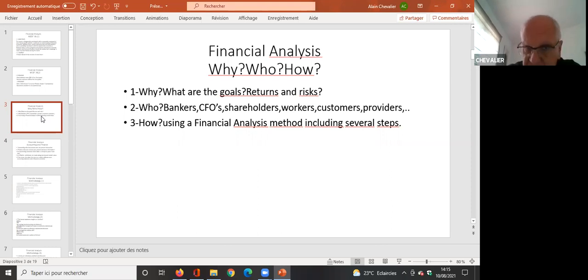Who is doing that? If you could make a kind of study or survey of the financial analysis made around the world, we will conclude easily that it's mainly a technique which is applied by bankers.